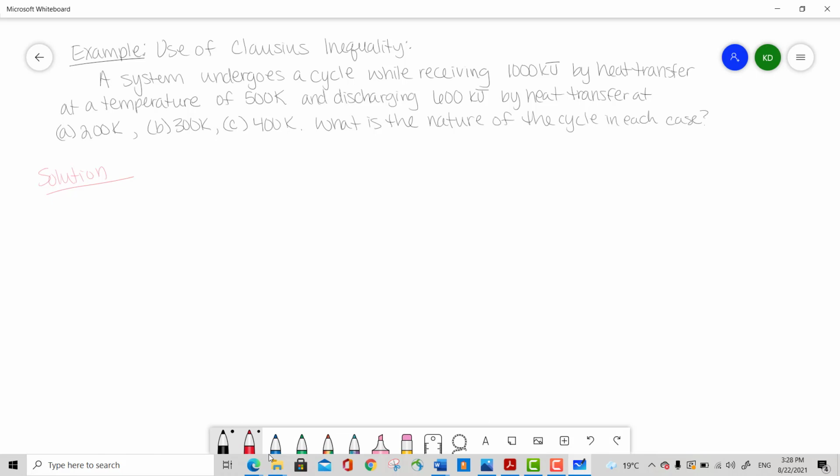So we're just comparing them, right? Instead of finding what the max is or what the actual is and then comparing the maxes to them to see if they're reversible, irreversible, or possible, what we're going to do with these inequalities is just compare them to 0.